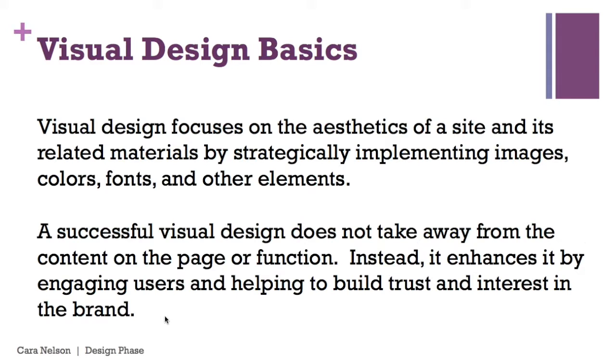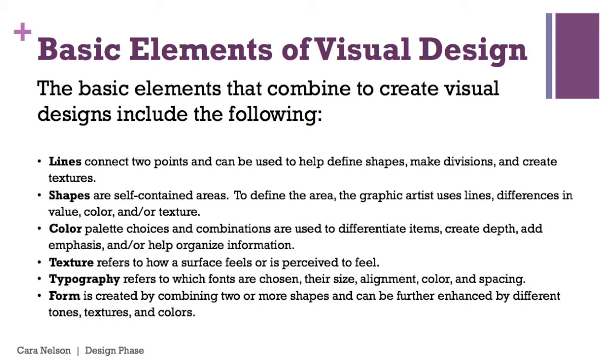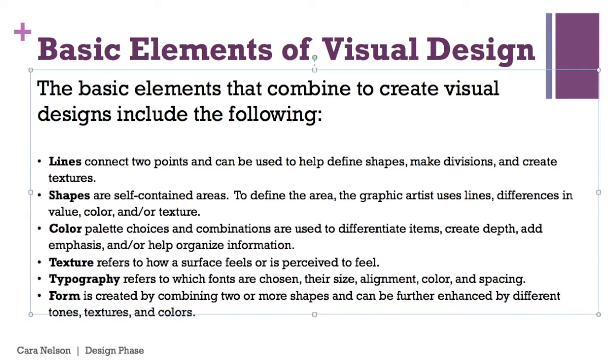So some of the basic elements of visual design, the basic elements that combine to create visual designs, include the following. Simply, we've got lines, shapes, color palette, texture, your typography, and your form.